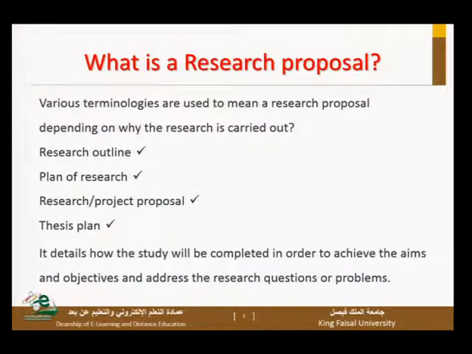It depends on the purpose, on what you are going to do with your proposal, on the nature of the work, and on the problem that you are going to investigate. Some people call it a research outline, some a plan of research, some a research project proposal, and some a thesis plan. All of these names together mean one thing, which is a research proposal.